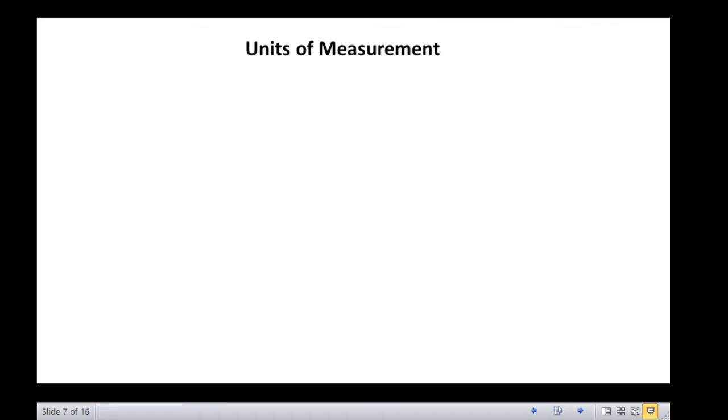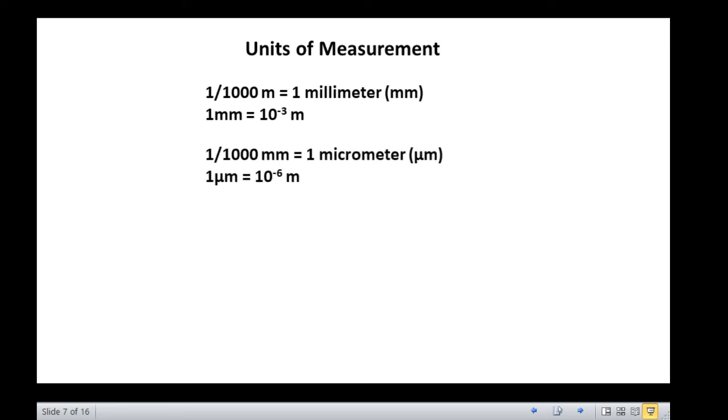measure microbes. We know that when a meter is divided into 1000 equal parts, it is a millimeter and can be expressed as 10 to the power minus 3 meter. When the millimeter is further divided into 1000 parts, each part is called a micrometer. A micrometer, formerly called micron, is equal to 10 to the power minus 6 meter.